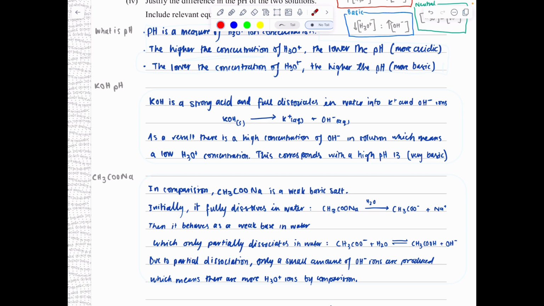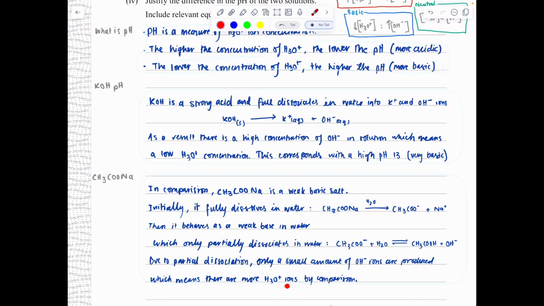But because it's weakly basic, it's only going to result in partial dissociation, which means that there's going to be fewer OH minus ions in comparison to KOH, which fully dissociates. Okay, so only a small amount of OH minus ions are produced due to partial dissociation.